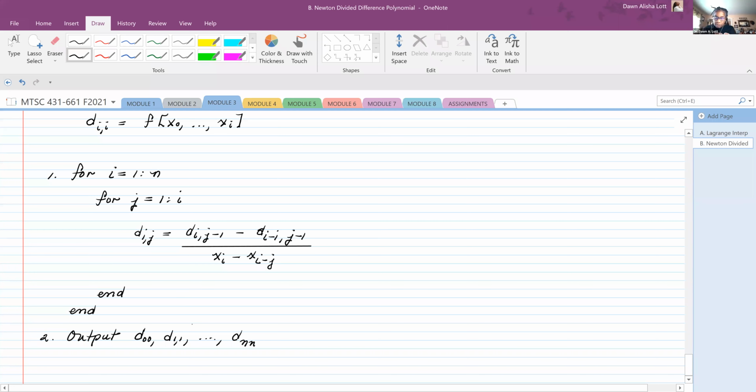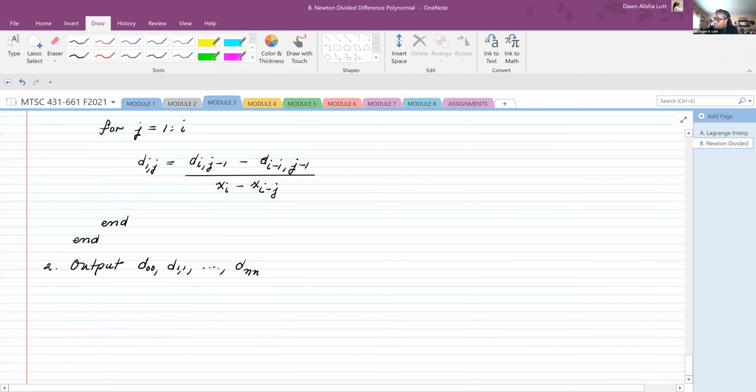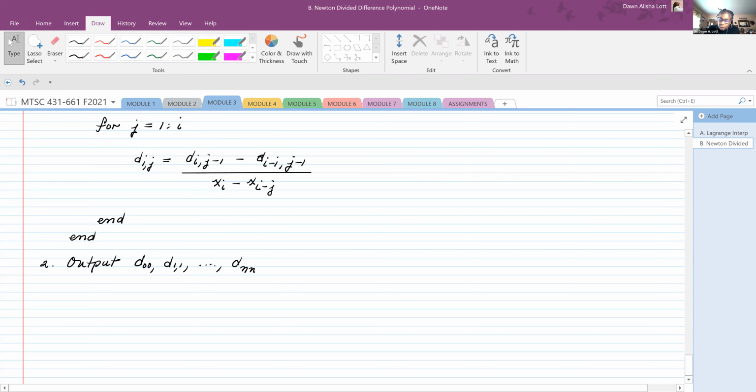After this point, you just need to compute what your Pn is. So you would set up a loop that would do your product, multiply by your D, and now D00 is simply f of x0.